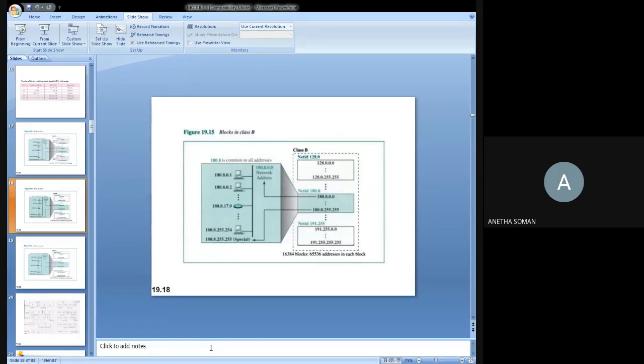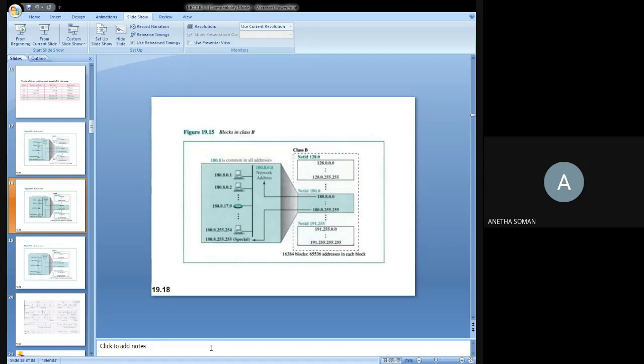Even for mid-size organizations, this many addresses are greater than their needs. So the inference is that much of the addresses are wasted in class B also.